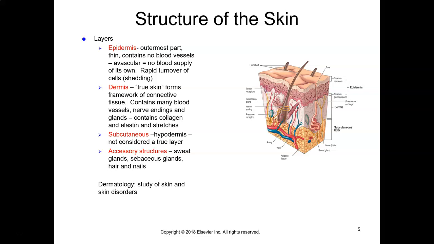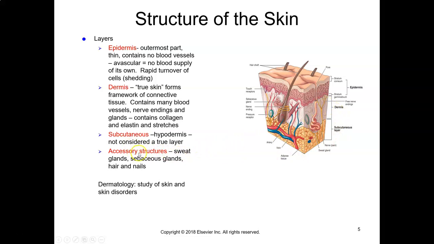It forms the framework of connective tissues. It contains many blood vessels, nerve endings, and glands. It contains collagen and elastic, and it stretches. The subcutaneous is the hypodermis. Hypo means smaller or underneath the dermis, and it is not considered a true layer of skin.